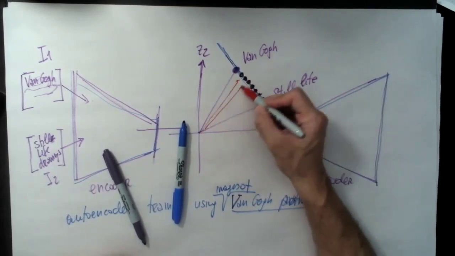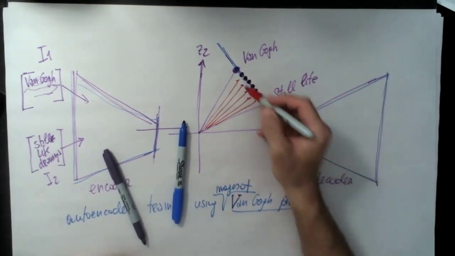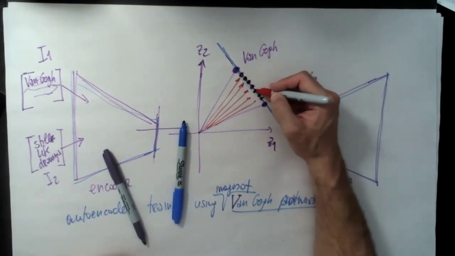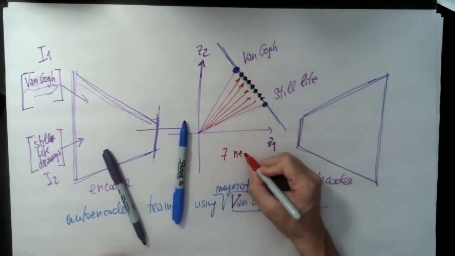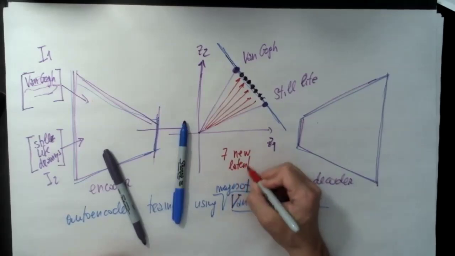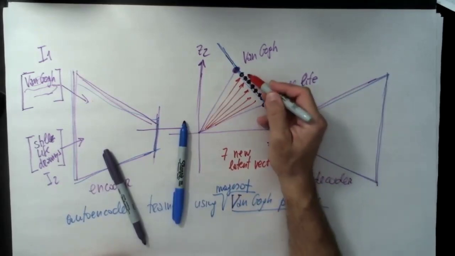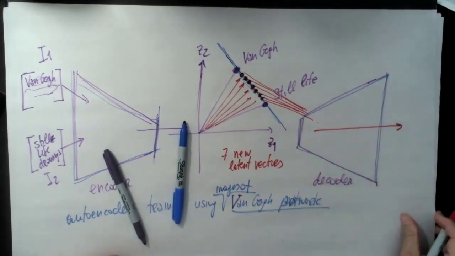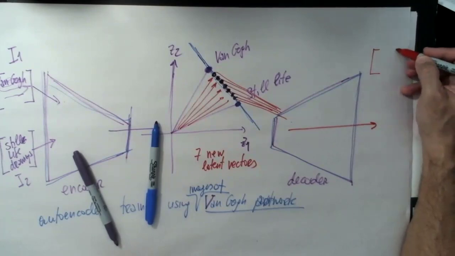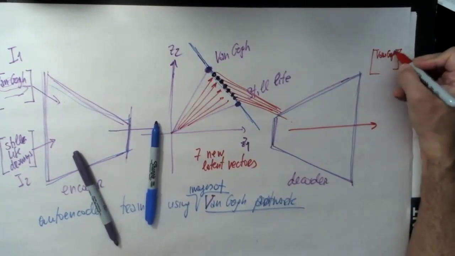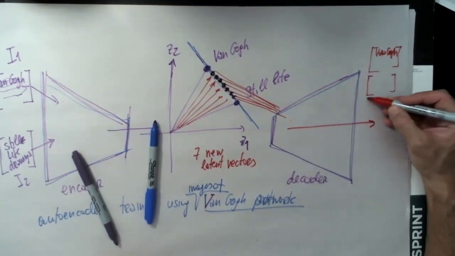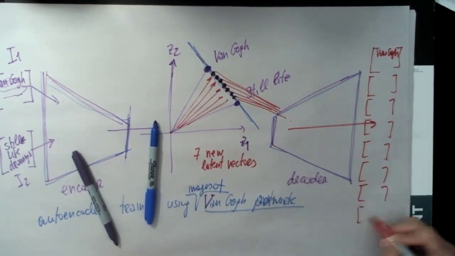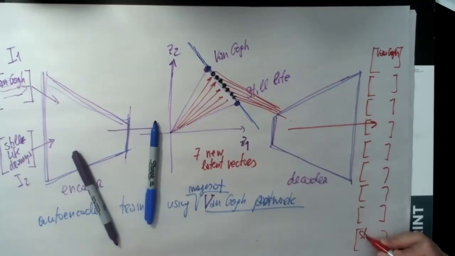So we have 1, 2, 3, 4, 5, 6, 7 new latent vectors, which we can pass all of them through the decoder to give us back 7 images, in which here we start with Van Gogh, then we have 1, 2, 3, 4, 5, 6, 7, and then here we have our still life.